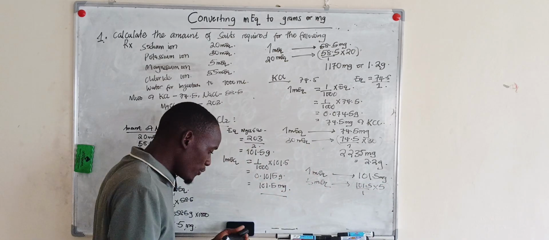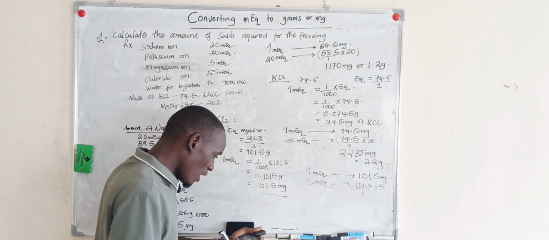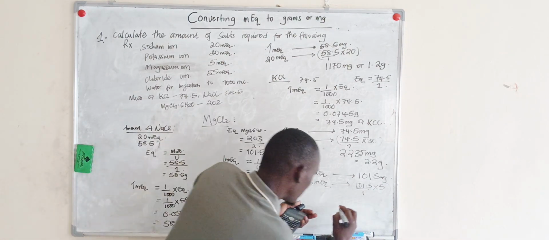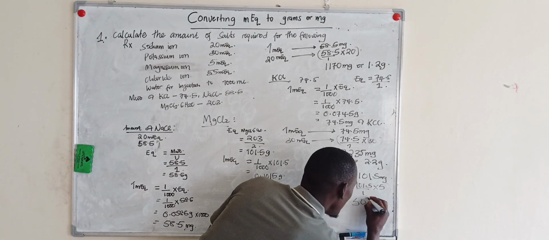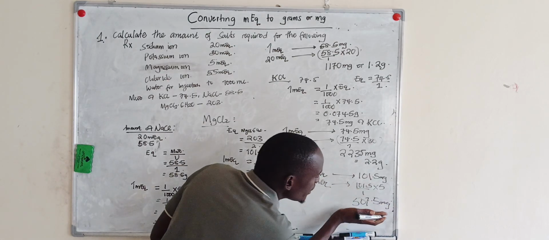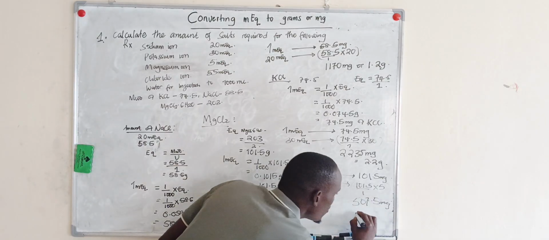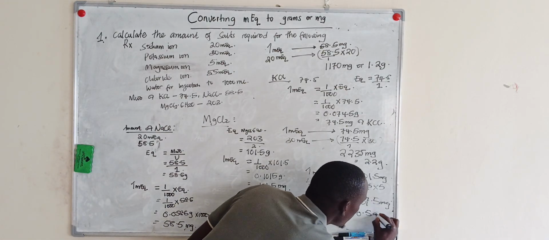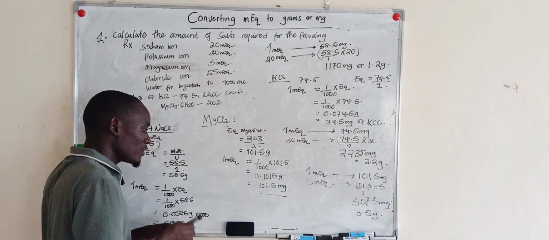And when we compute that, 101.5 times 5, we shall get 507.5 milligrams. And when we divide this by 1000, we shall get approximately 0.5 grams of magnesium chloride.